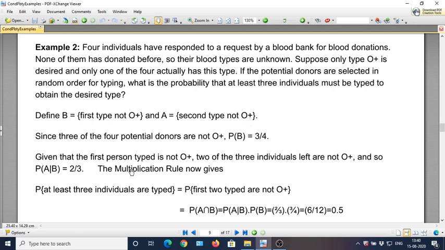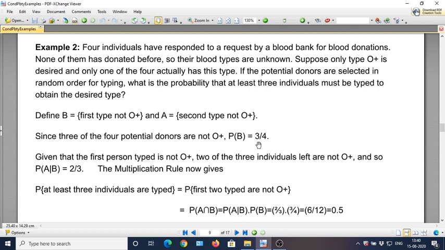Now the probability that at least 3 individuals have to be typed is that the first 2 typed persons are not O plus. That is, A should occur as well as B. So it is the probability of A intersection B, which is given by probability of A given B into probability of B. Probability of B is the probability that the first is not O plus type, and given that the first is not of the desired blood type, what is the probability the second will also not be of the desired type?